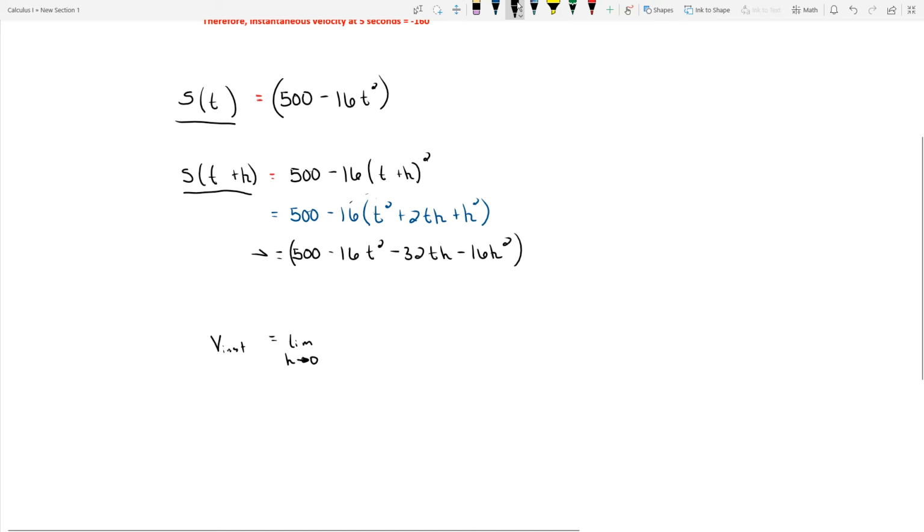So we plug this value in first, and we end up with, writing this a little smaller to fit on the screen, 500 minus 16t squared minus 32th minus 16h squared. Let's put some parentheses around this, and we are subtracting 500 minus 16t squared. And of course, all of this divided by h.